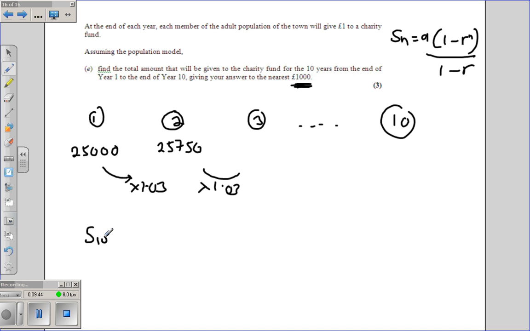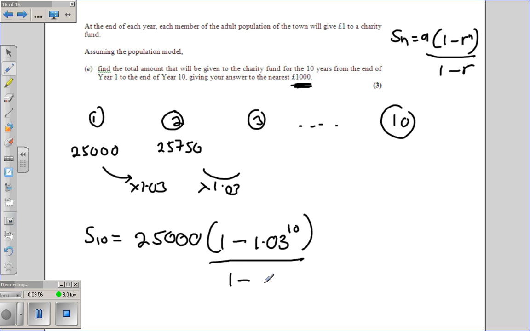So the sum of the first 10 terms is A, which is 25,000, multiplied by 1 minus 1.03 to the n, 10, divided by 1 minus 1.03. If you want to switch those round so it's r minus 1 and r to the n minus 1, you can. It makes no difference whatsoever. Type that all in a calculator.